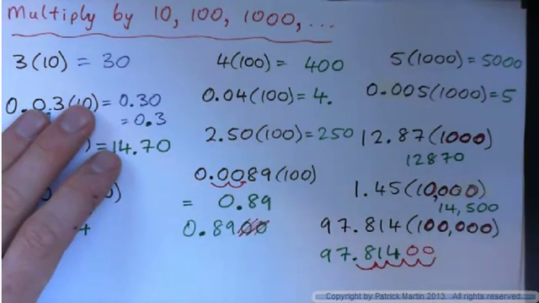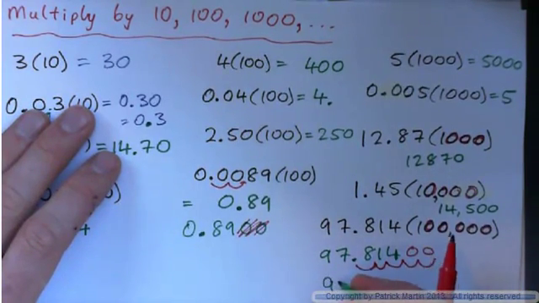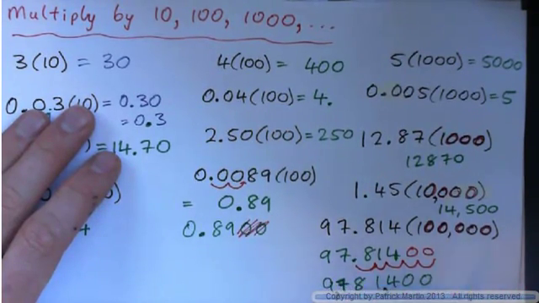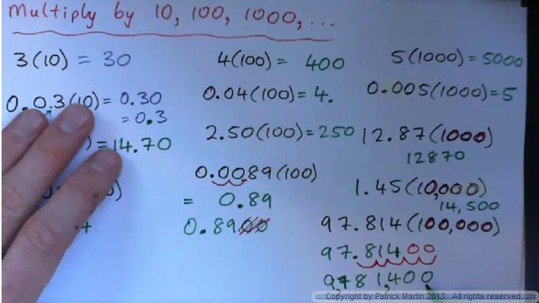Stick in a couple of zeros. 9781400. I'll put a comma here and a comma here. Can you read what that number is? So this is ones, tens, hundreds, thousands, 10,000s, 100,000s. What comes after 100,000s? Millions? Yep. 9,781,400. Right?